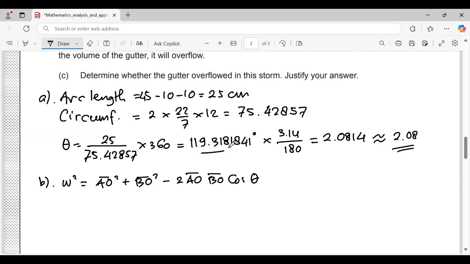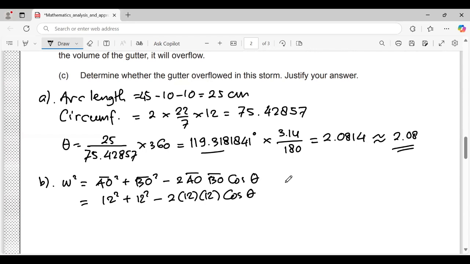Theta is this one in degrees. So it becomes 12 squared plus 12 squared minus 2 times 12 times 12 cosine theta.